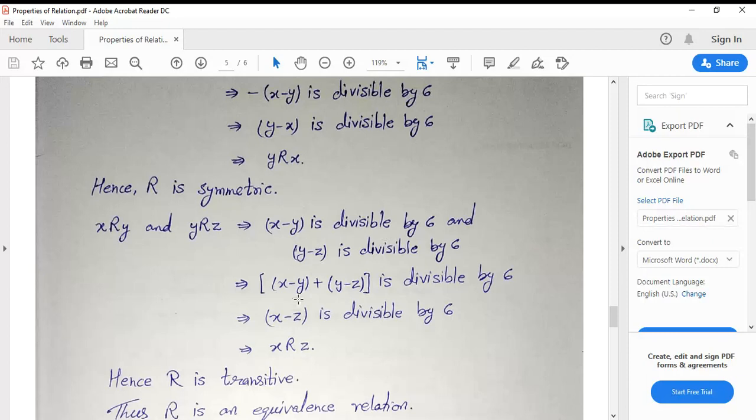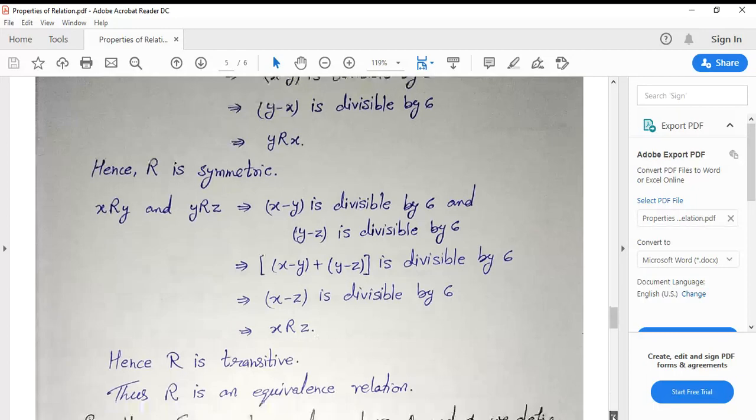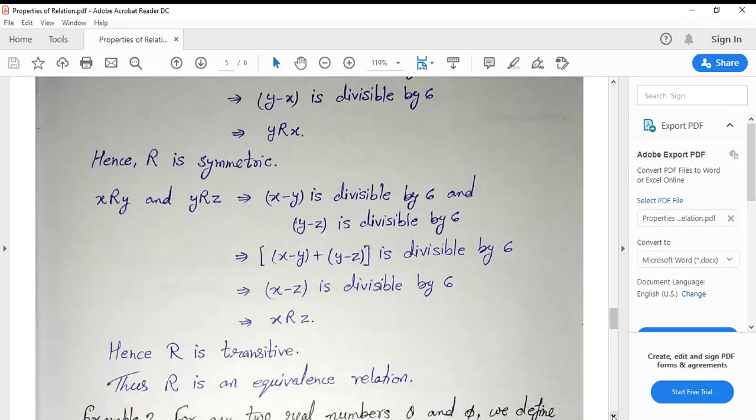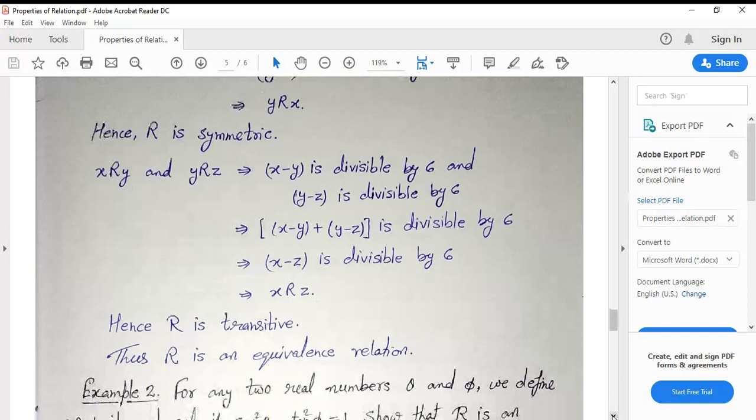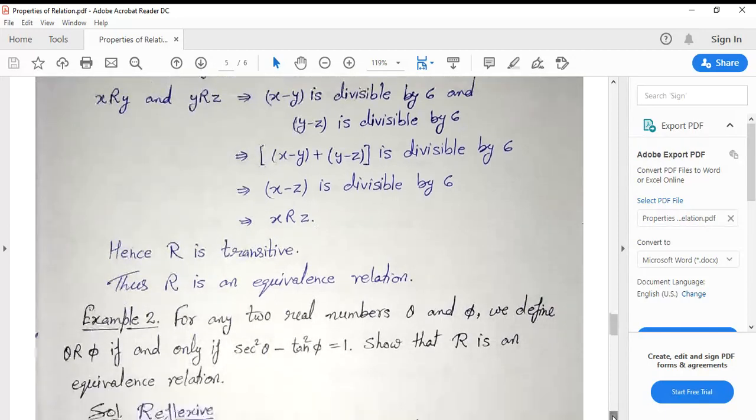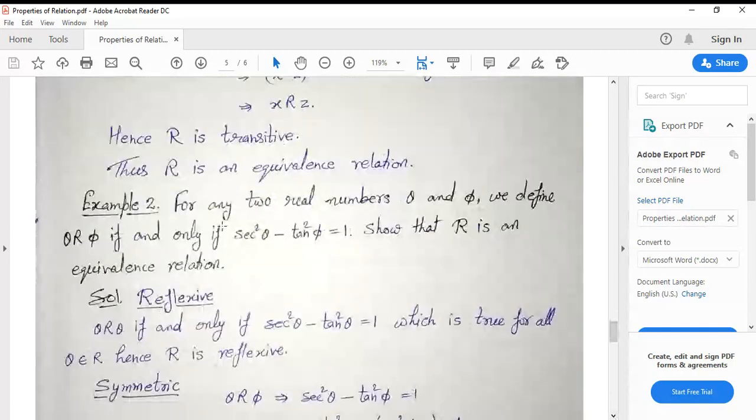Now when we solve this, we get x minus z is divisible by 6. And if x minus z is divisible by 6, it means that x is related to z. So now it is transitive. So here we show that the given relation is reflexive, symmetric and transitive. So we can say that this relation R is the equivalence relation.